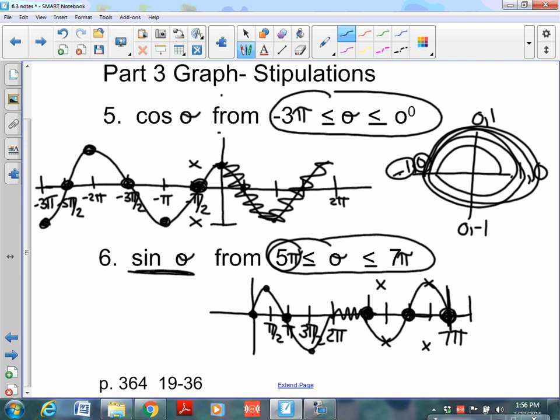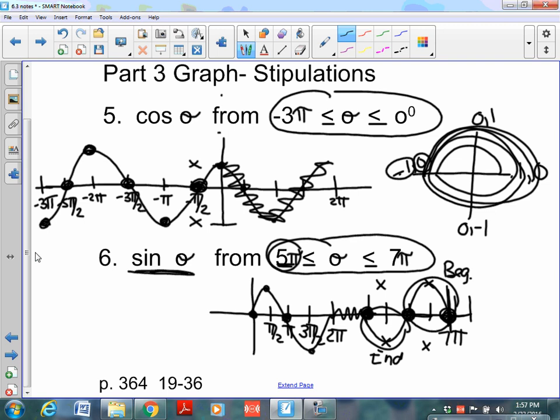It's not going up because of the pattern: all the odd ones start down first, and this is an odd one because 5 pi is odd. So instead of going up, it's going to go down. This is the end of one of them, and this is the beginning of a new one. Do you guys get that?